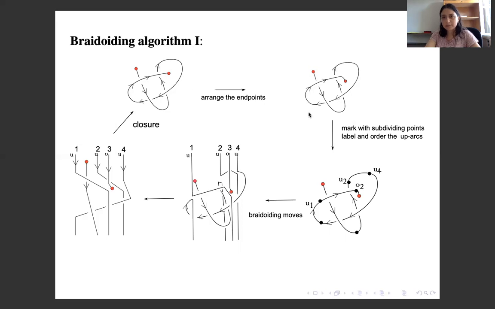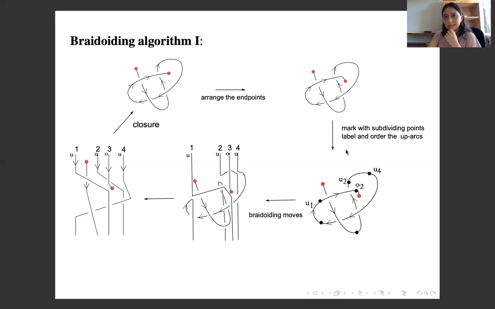So we arrange the endpoints, then we also assume some general positioning arguments on our knotoid diagrams or multi-knotoid diagrams. We don't want any vertical or horizontal arcs. We can always assume this kind of condition by small perturbations of the diagram, so that we only have up arcs or down arcs forming our diagrams.